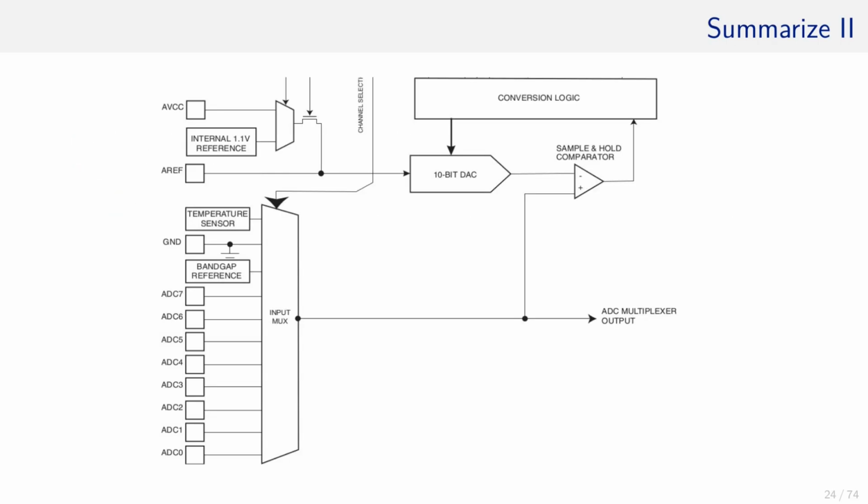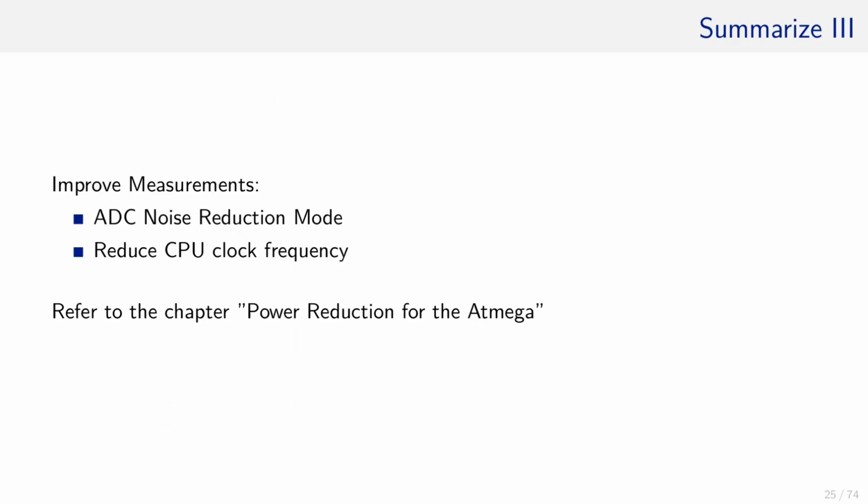Before you start working with that temperature sensor, please do not forget that for the temperature measurement, the 1.1 internal reference voltage has to be selected. To increase the accuracy even further, the ATmega 328P can activate an ADC low noise mode, in which most peripheral devices, such as the CPU and communications, are deactivated to decrease the noise generated by those peripherals.